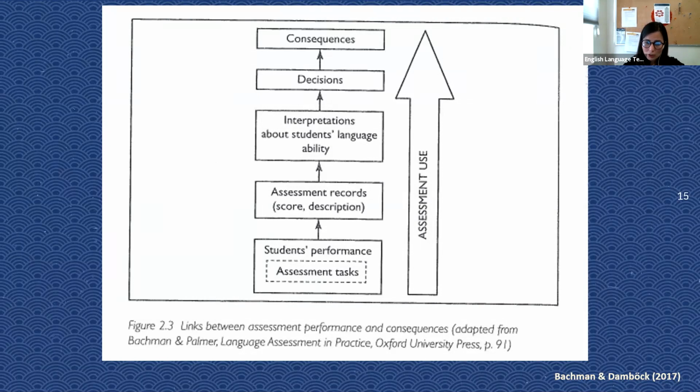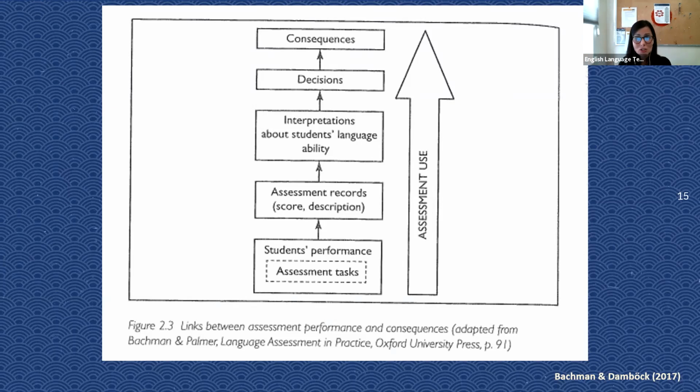Because when you look at the assessment tasks and items that you have on a test, that is going to show you how much the students know and what their ability is in the language, what they can do and what they have learned in your class. So from there, you're going to use the results of that task that you created or that you selected to give them a score. And then you're going to have to make interpretations about their language ability based on what you did.